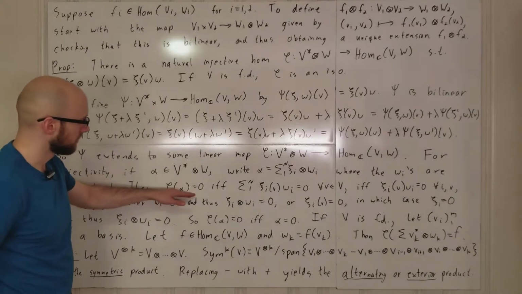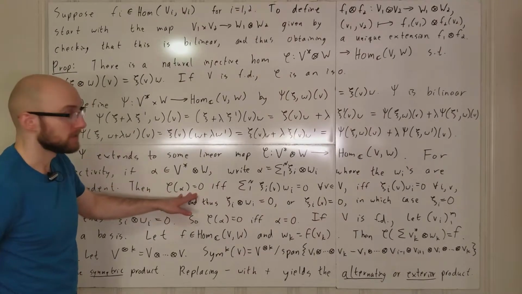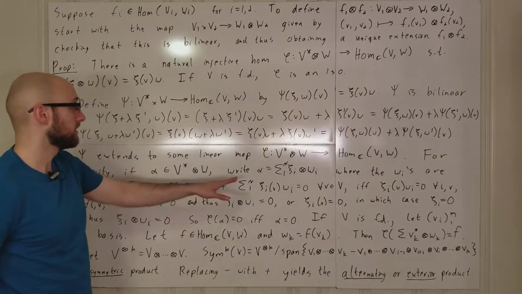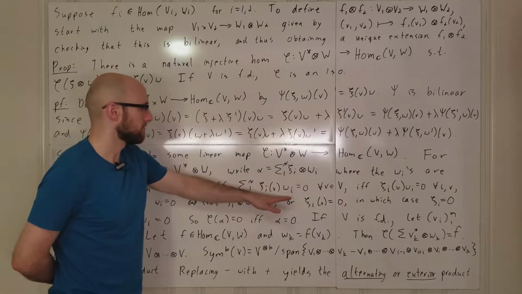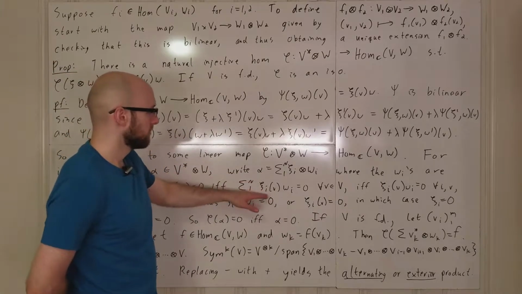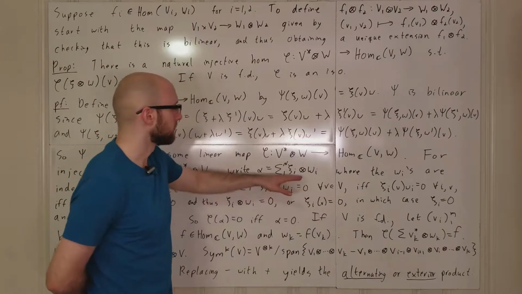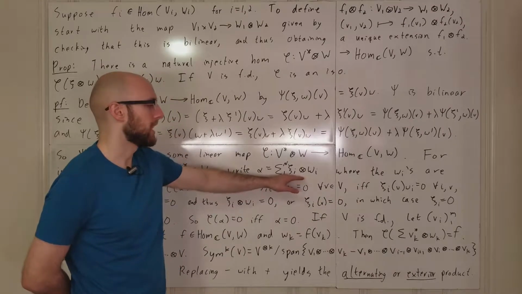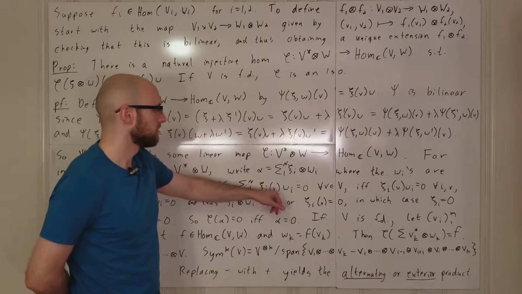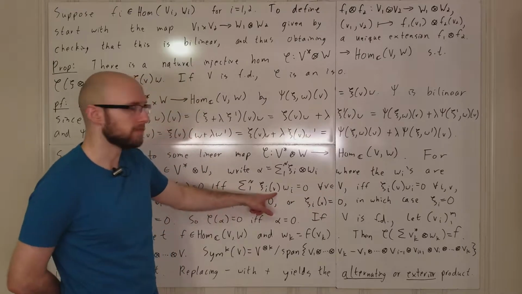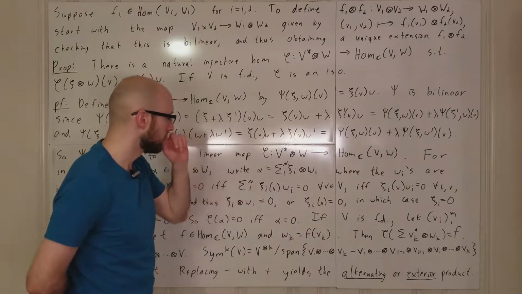Okay, so then phi of alpha is 0 if and only if this sum is 0 for all v. So for this to be the 0 map, for every v in V, plugging in v is going to need to give you 0.